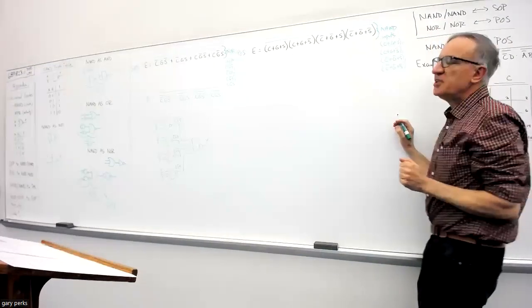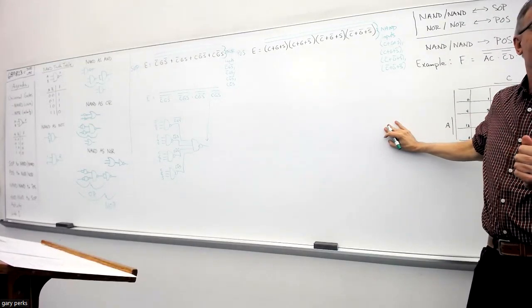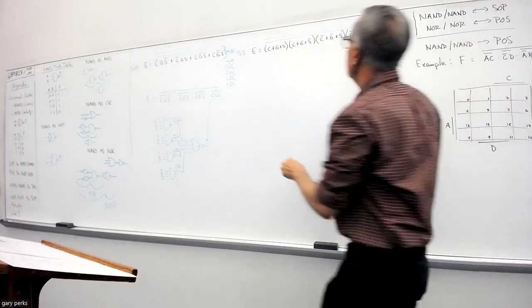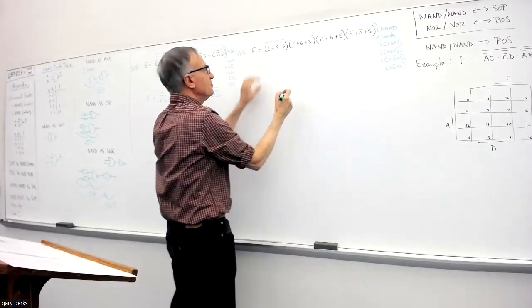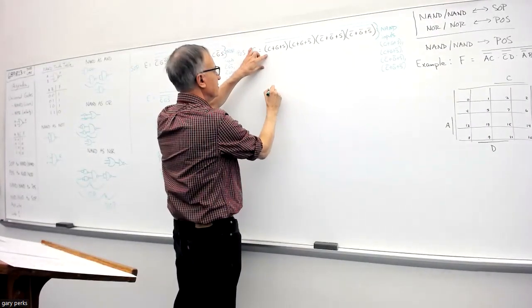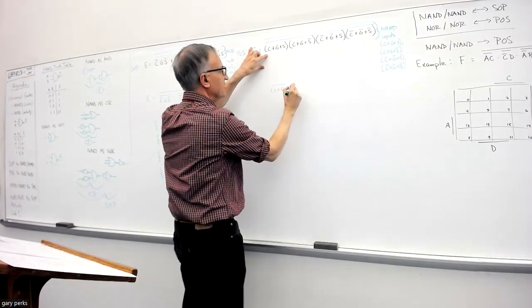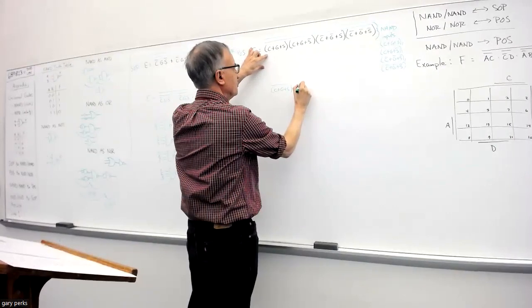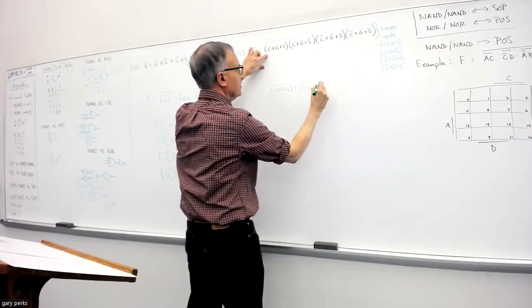And by De Morgan's, we know that a NAND is equal to what? An OR with inverted inputs. So I invert my inputs and then I OR them with the other inputs. So I take this input, invert it, and OR it with this input.